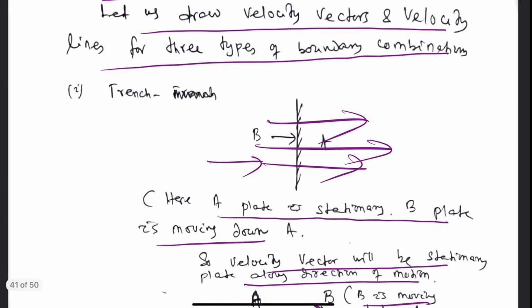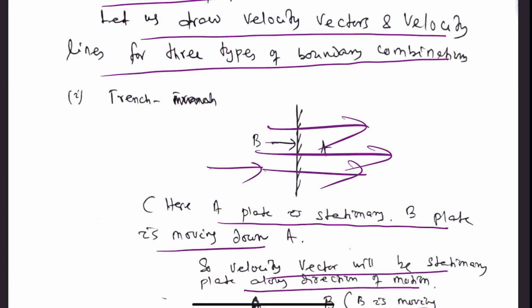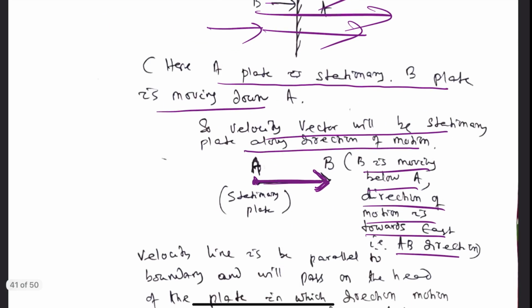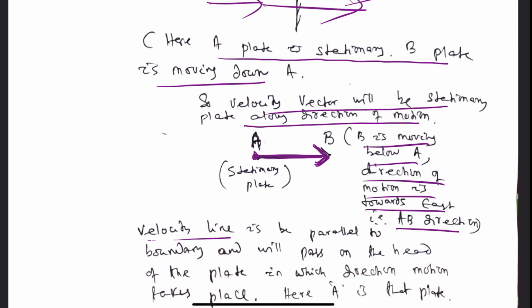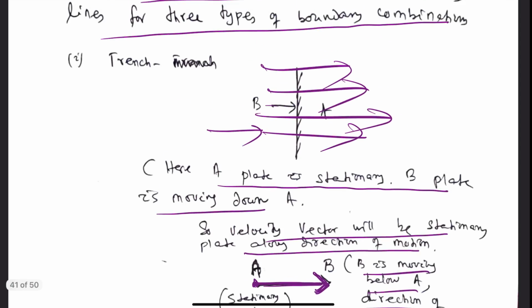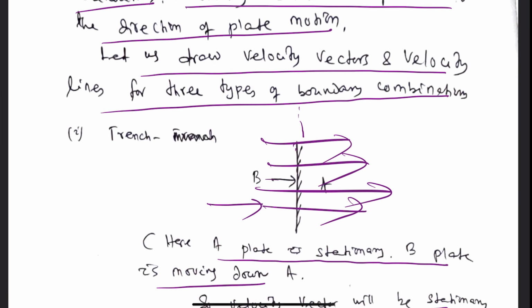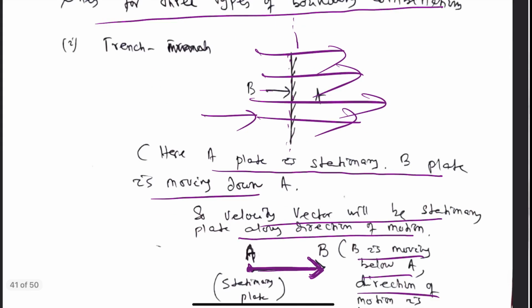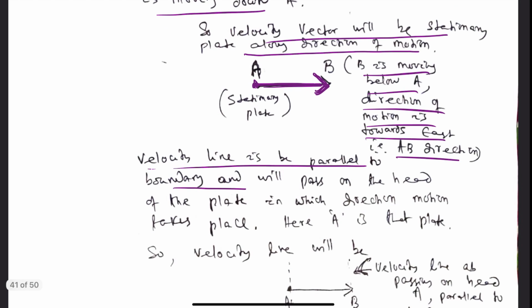So this is the AB direction. And the velocity line is parallel to the boundary. Boundary is like this, so velocity line will be like this, and velocity line will always pass, in this case, over the head of the plate in which direction the motion takes place.